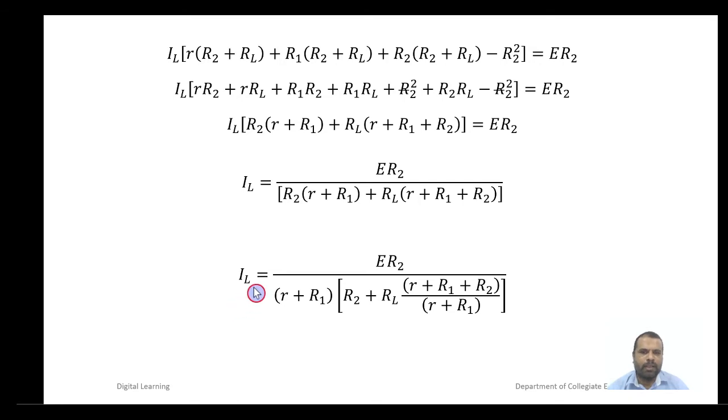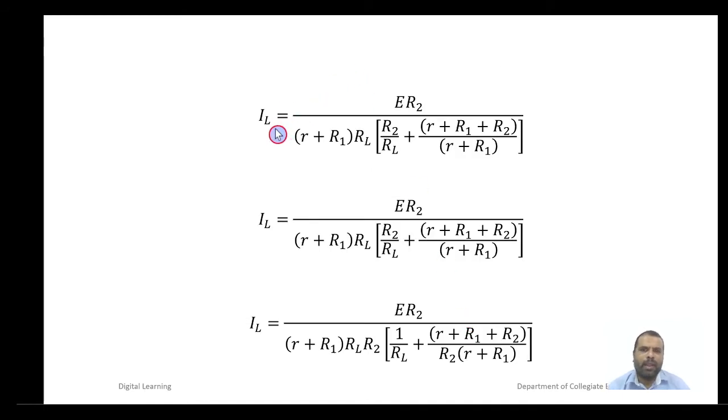Therefore, IL is equal to E R2 divided by, now taking (r + R1) outside the bracket, (r + R1) [R2 + RL (r + R1 + R2) divided by (r + R1)].